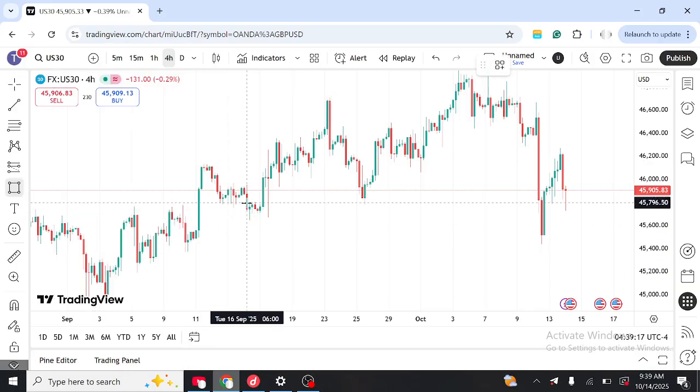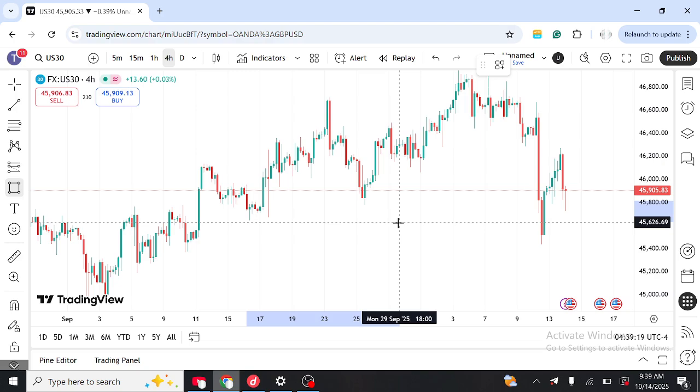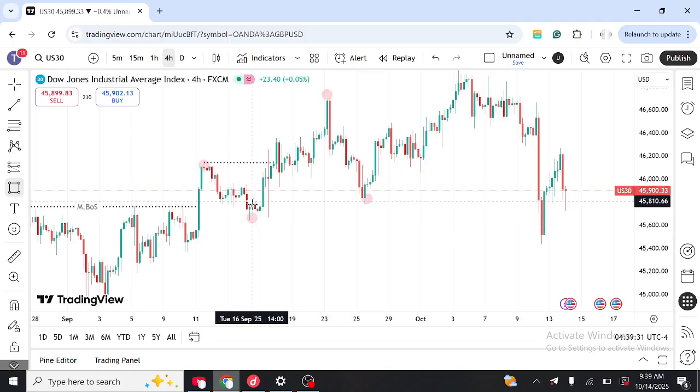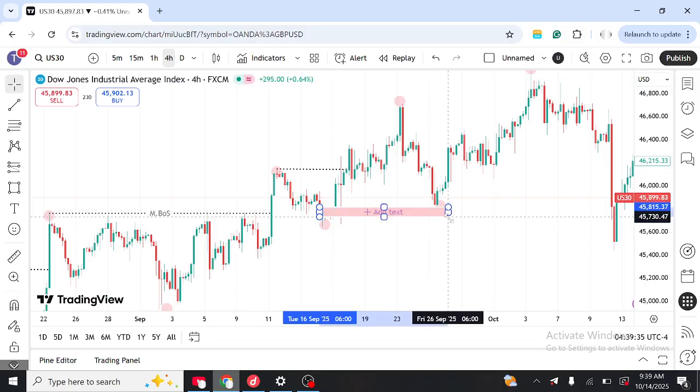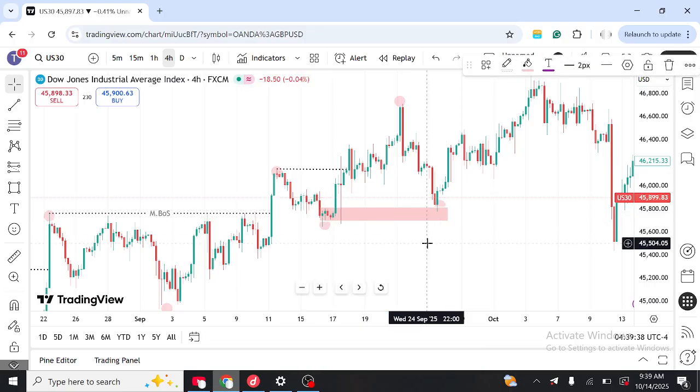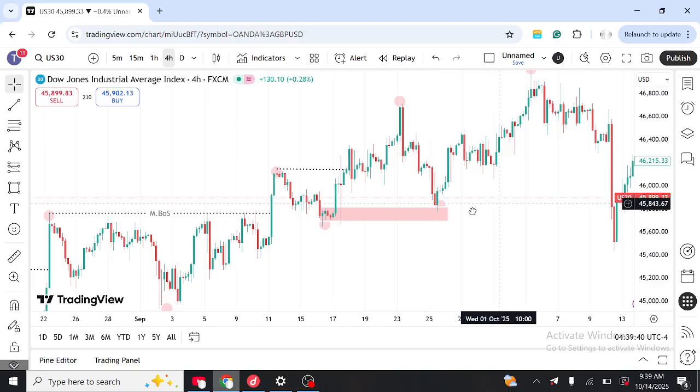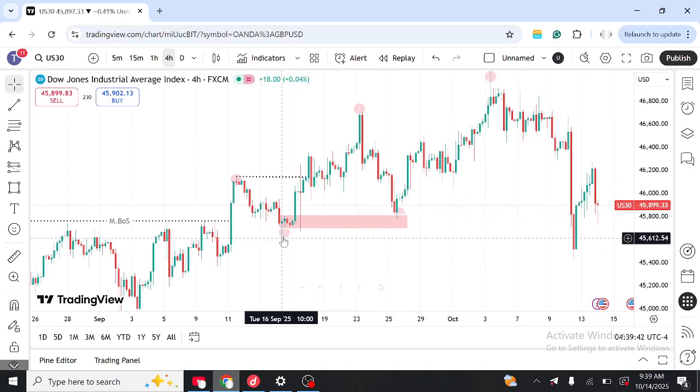So to protect this price level, as you can see, price bounced back from this level. That is what makes it strong.